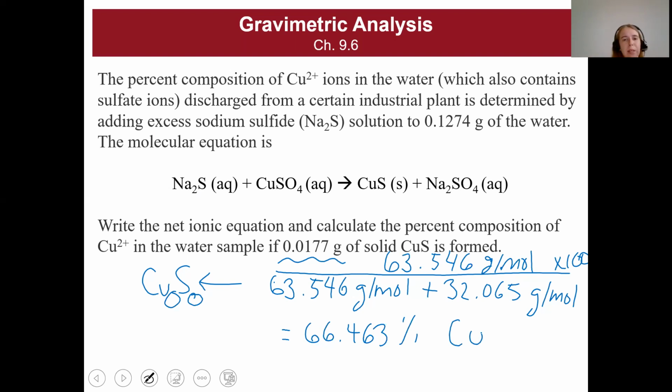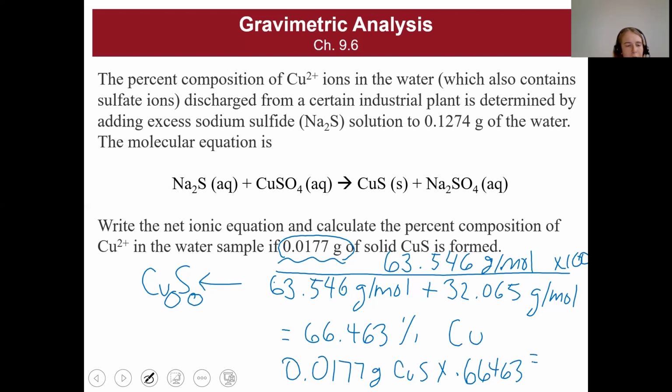So that means that if we were able to isolate 0.0177 grams of copper sulfide and we multiply it by the decimal version, 0.66463, so that's the percent copper.